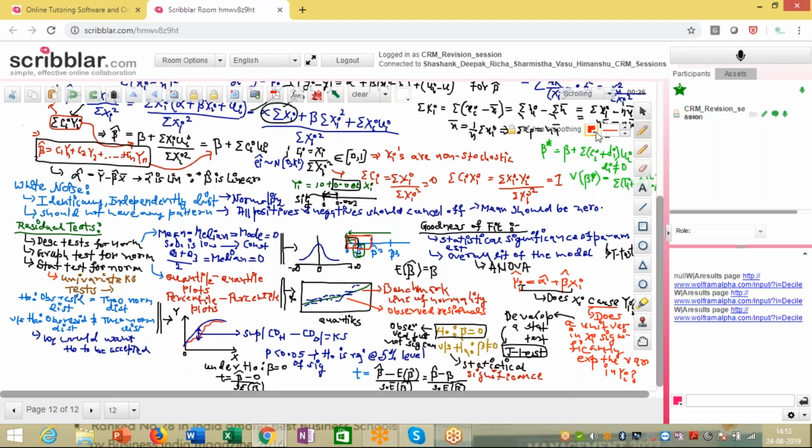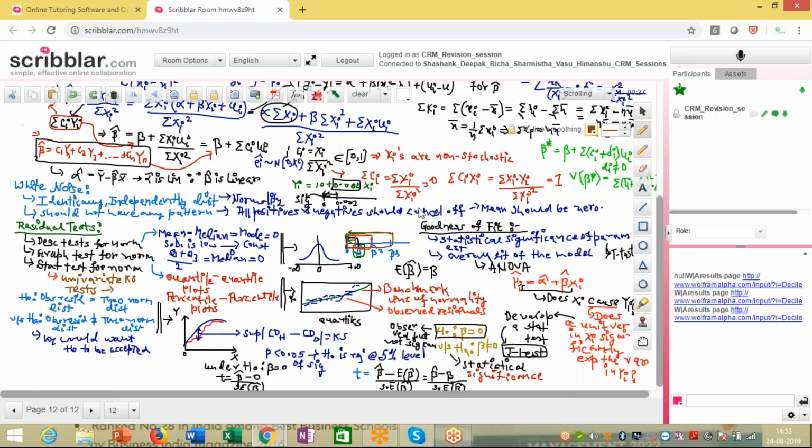And that probability of committing the type 1 error will be lower in this zone. So the further the beta hat goes away from 0, the larger is the t, the higher is the value of the t stat, and hence lower would be the actual probability of committing the type 1 error.